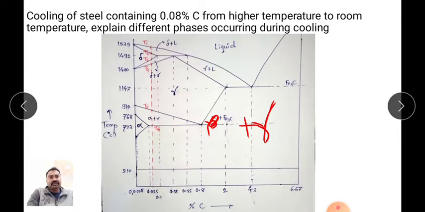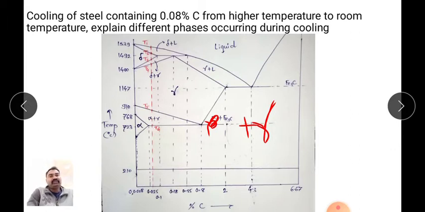Okay, so likewise we can explain the occurrence of the different phases in case of a particular percentage of carbon in steel. I think all of you got how we can explain, and whatever explanation I have given over here, we will have to write in points.